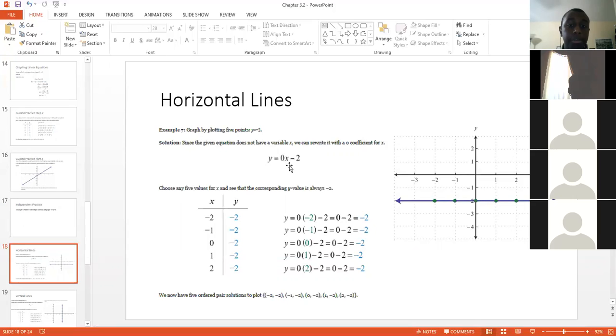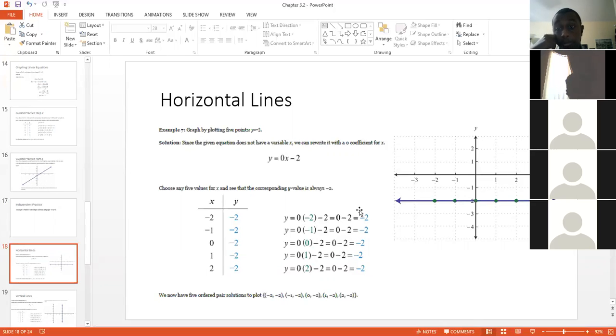And by doing this, we can plug in x values now. We can plug in random x values. For example, -2: 0 times -2 is 0, and 0 minus 2 is -2. So no matter what you plug in, you can plug in 999, times 0 is still 0, minus 2 is -2. So all the x values that you plug in are going to give -2.